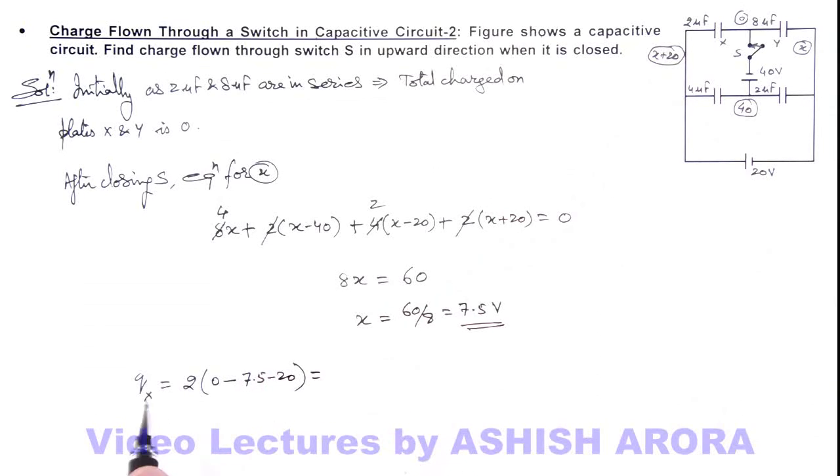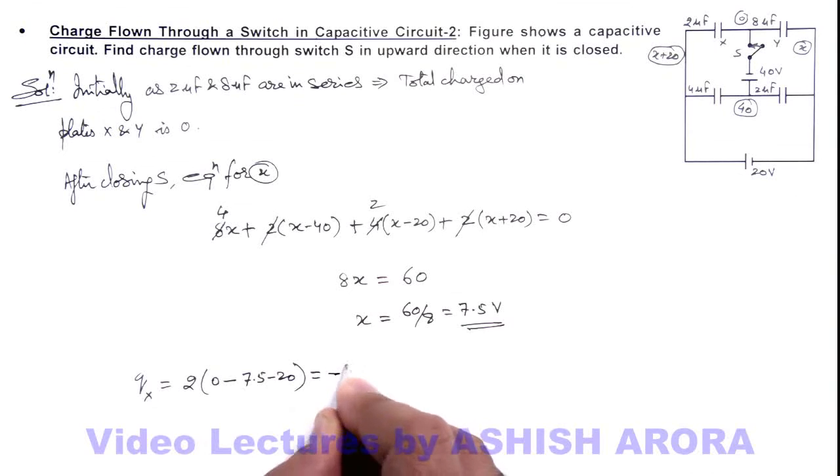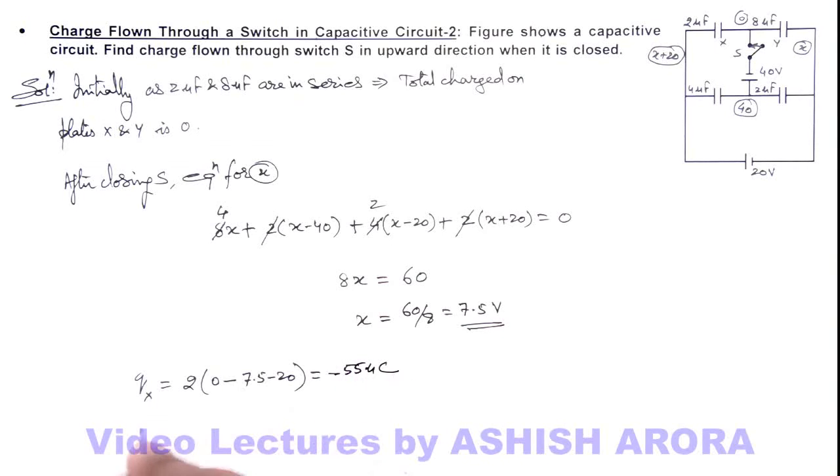So here I am getting the value of charge on plate X is equal to 2 multiplied by minus 27.5, this is minus 55 microcoulomb, and charge on plate Y can be given as 8 multiplied by 0 minus X, which is 7.5. So this 8 multiplied by 7.5 is minus 60 microcoulomb.